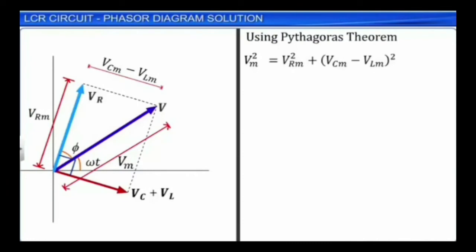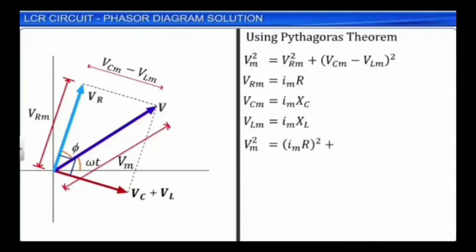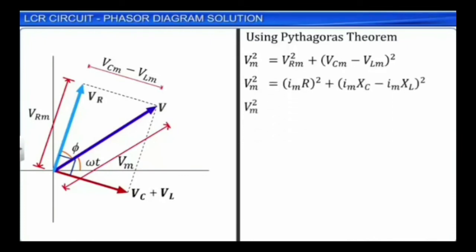Applying Pythagoras theorem, we have Vm square is equal to VRM square plus VCM minus VLM whole square, where VRM is Im into R, VCM is Im into XC, VLM is Im into XL. Therefore, Vm square is equal to (Im R) whole square plus (Im XC minus Im XL) whole square.